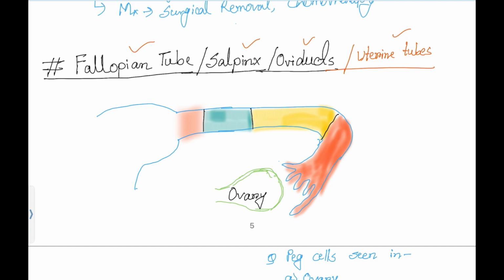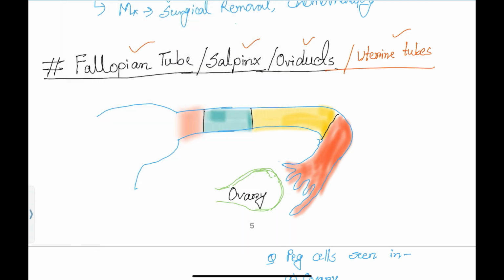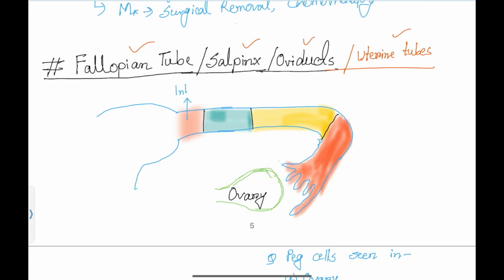In the fallopian tube there are a total of 4 parts. We will label them one by one. We will call this the intramural portion, the intramural part. Here this portion is called the isthmus, the second portion.